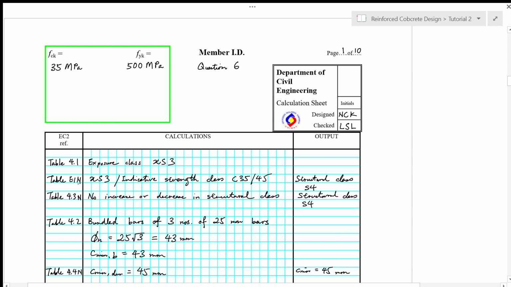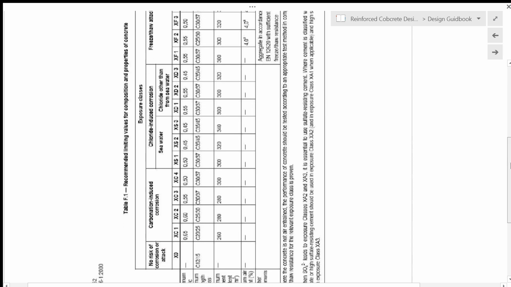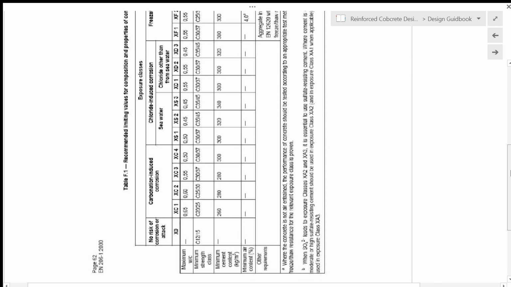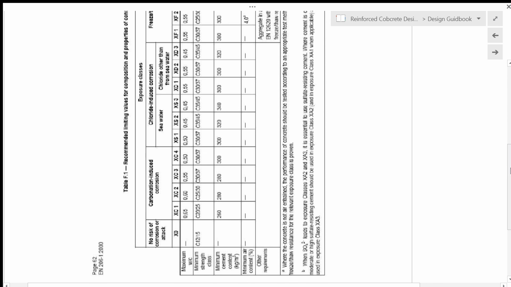So from table E1N or table F1 as indicated in your design guidebook, for exposure class XS3, the indicative strength class is C35/45. So this is the minimum concrete strength class that you can use for the design.